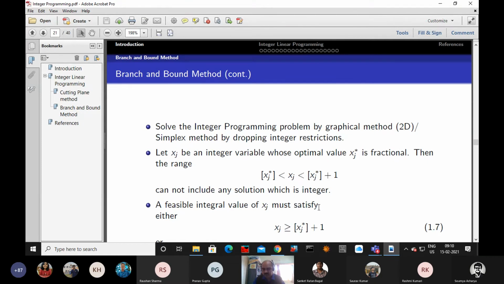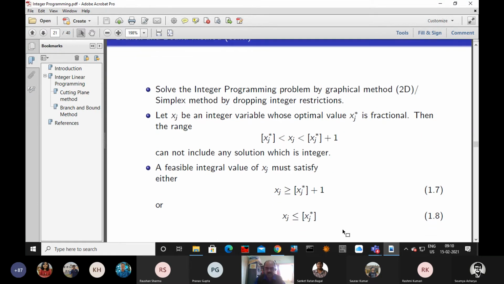And the other one is xj less than or equal to the integral part of xj. Either this or that. If the interval cannot include any integer, then a feasible integral value must satisfy either this or that. Now what have we done?